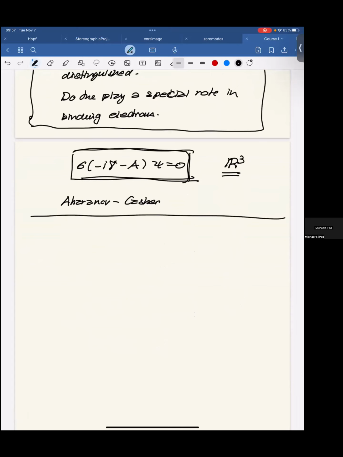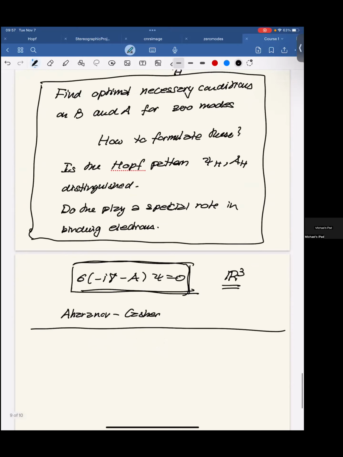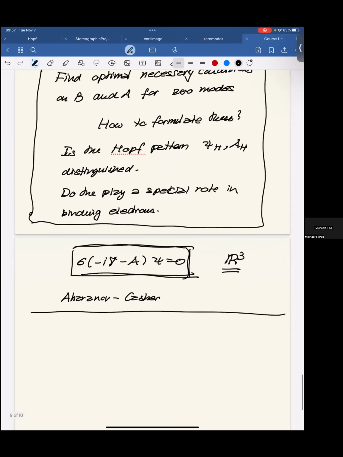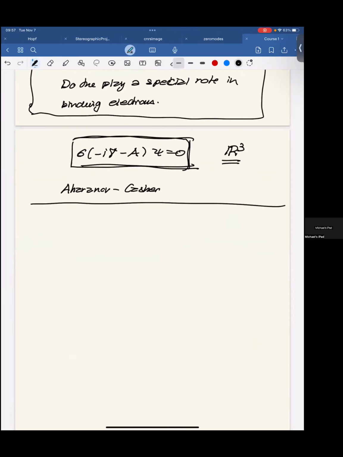So if you're interested in figuring out good conditions on B and A, what you have to find is, of course, conditions which are scale invariant, right? Because when you scale the A, you still have zero modes. So these quantities better be scale invariant. One quantity which is scale invariant is the integral of |B(x)|^{3/2} dx. And also the integral of |A(x)|^3 dx, right?